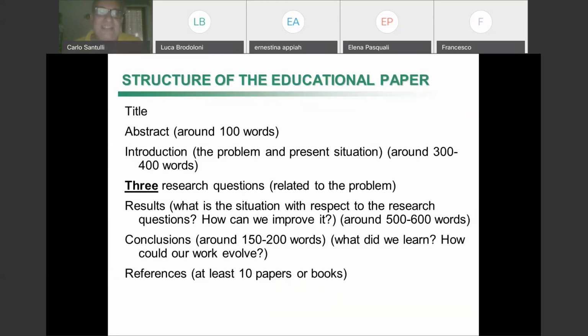Then it's a question of becoming more selective about what you would like to know about your material, and discarding all the information which brings you too far from the objective. So concentrate on material that can really be educational, that can lead you to an educational paper.